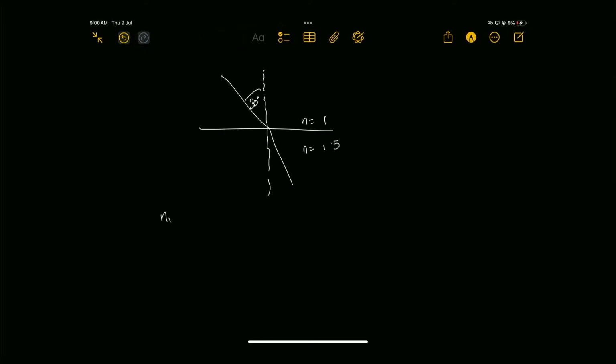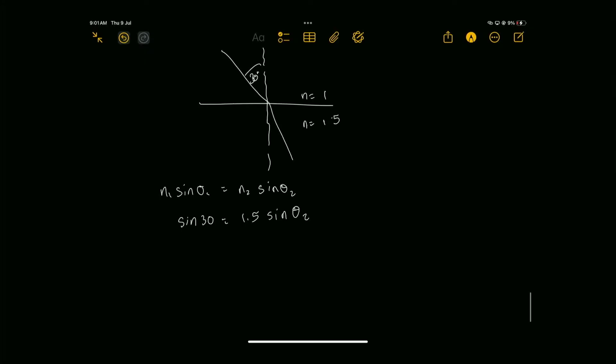So we have n1 sine theta 1 is equal to n2 sine theta 2. So when we substitute n1 as 1, we have sine of 30 is equal to 1.5 sine theta 2. So sine theta 2 is equal to sine 30 over 1.5.